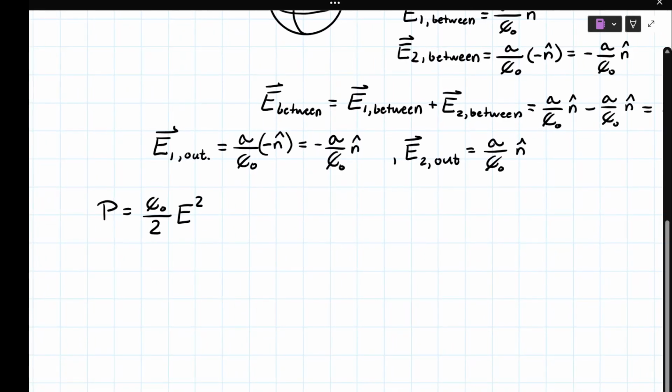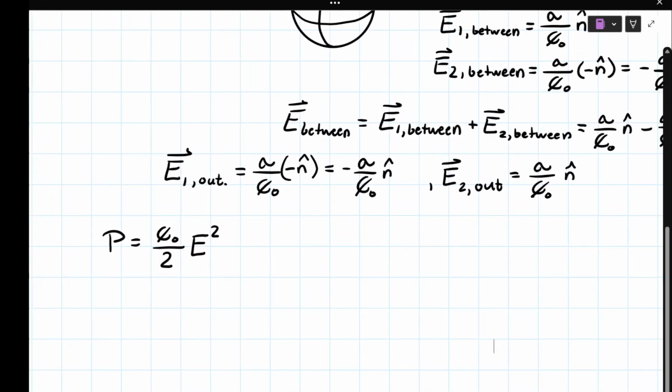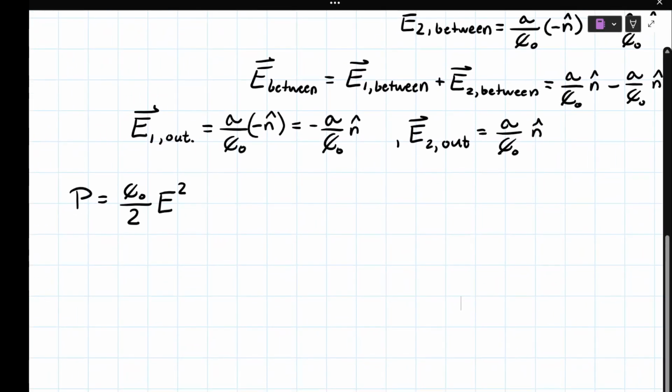Now, there's an important distinction here. When we square E, we have E in a vector form, so what we're doing is the dot product of two vectors, which results in a scalar value, which is why you wouldn't denote E as a vector in this formula. I'll show how we do that.